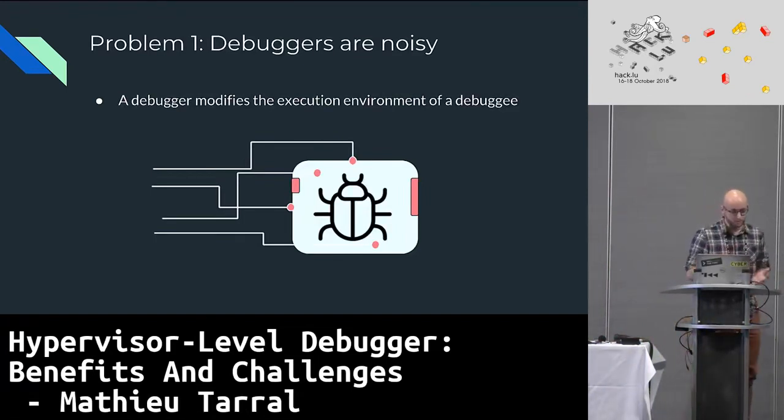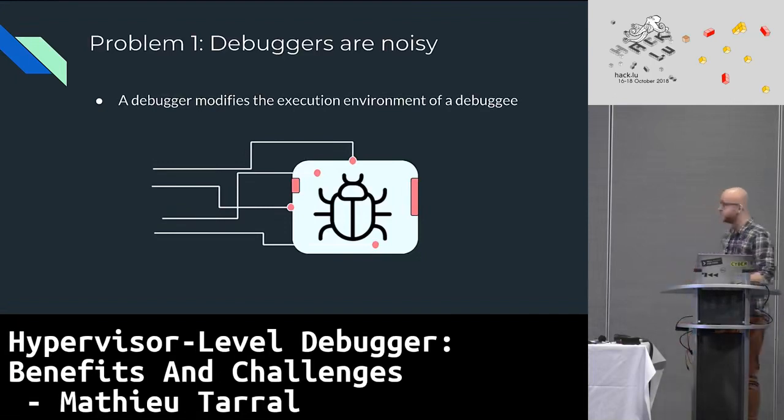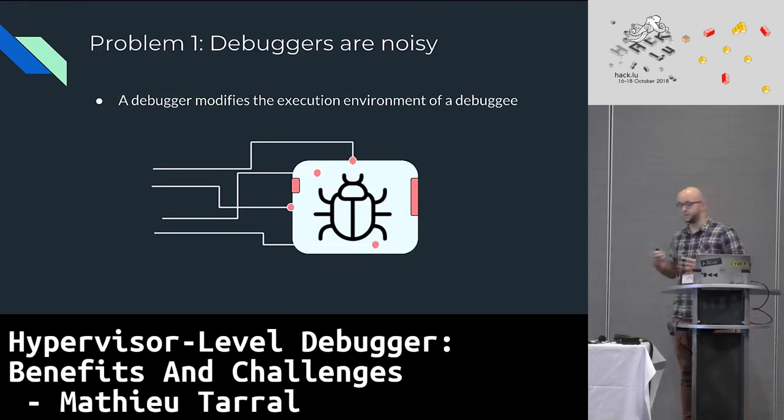But the core problem is that our operating system debugging APIs have never been designed to deal with malware in the first place. And we are still trying to analyze malware with that. So we are building workarounds and it's not really working. So we need to find a more permanent solution to this problem.